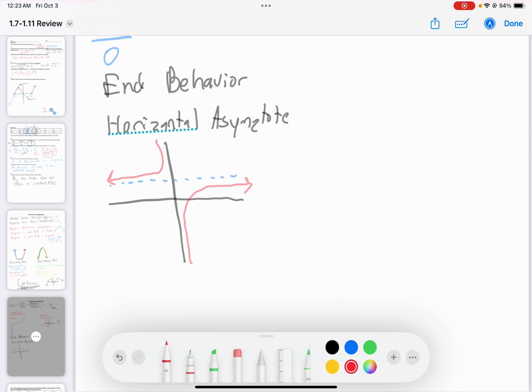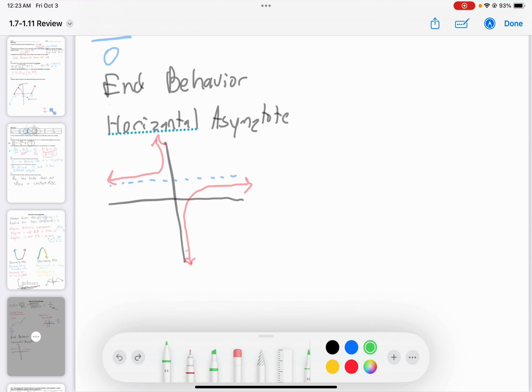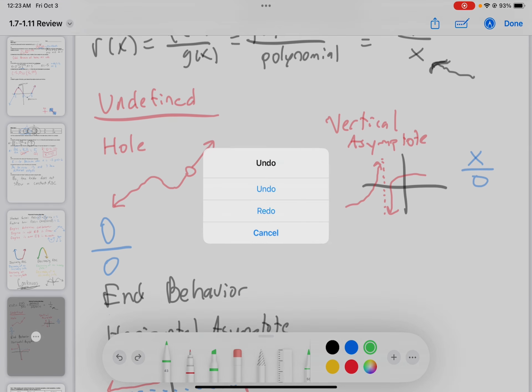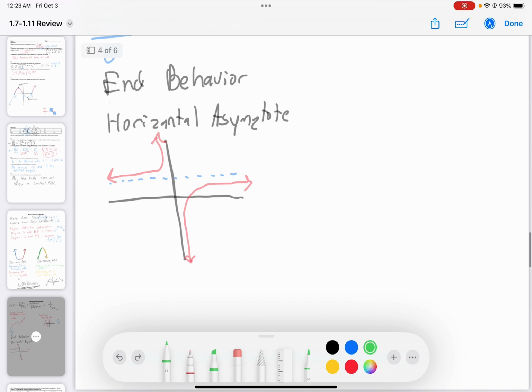And look, you can even see a vertical asymptote here. There's nothing stopping us from having both a horizontal and a vertical asymptote. But you can't have a hole and a vertical asymptote in the same place. They can be in the same function, but not at the same place.